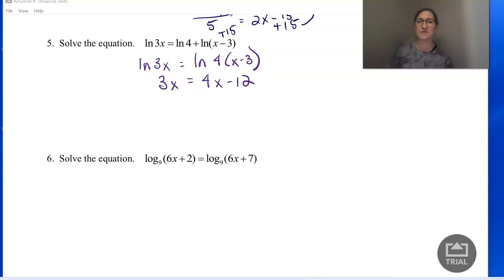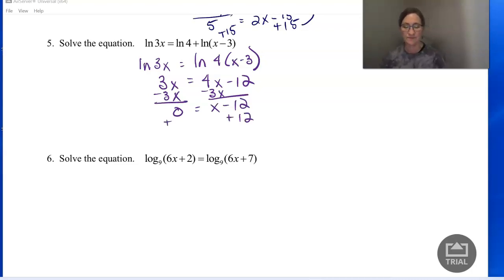So 3x equals 4x minus 12. I like to keep my x's positive, so I'm going to subtract 3x. That gives me 0 equals x minus 12. Then I'm going to add 12. So I have 12 is equal to x. If I substitute that into my argument, I get 12 minus 3, which is 9. No problem. This checks out.